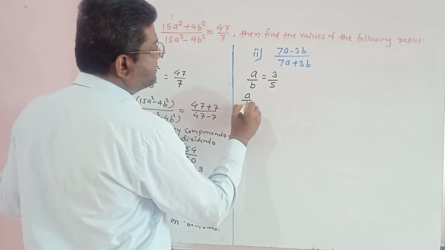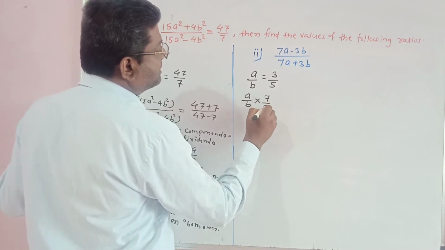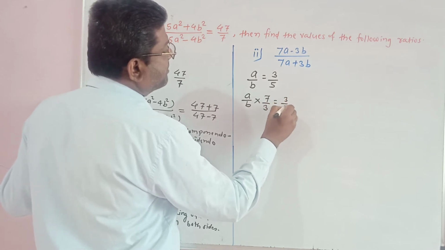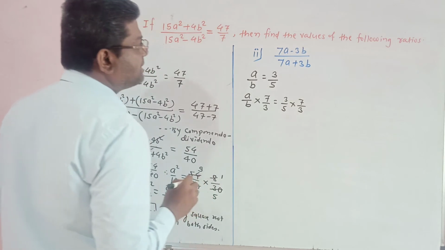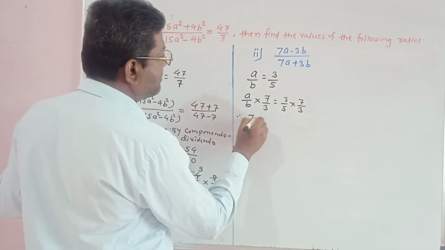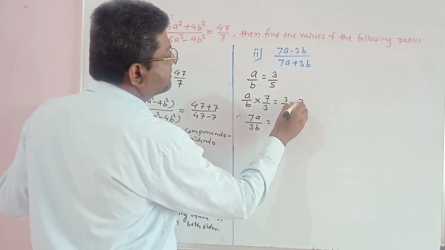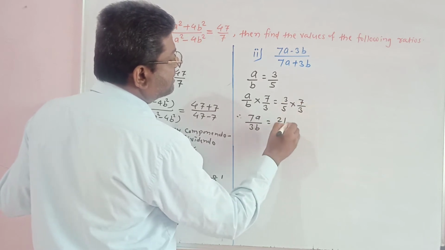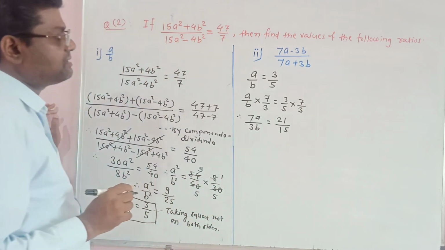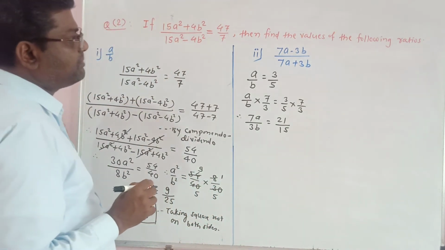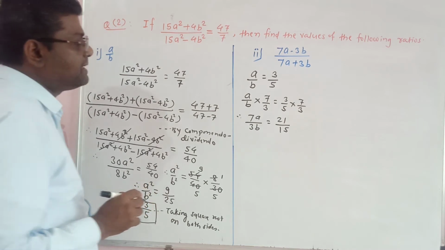Therefore we have to multiply a upon b by 7 upon 3, so it is 3 upon 5 into 7 upon 3. Therefore 7a upon 3b is equal to 7 3s are 21 upon 5 3s are 15. Therefore 7a upon 3b is equal to 21 upon 15.